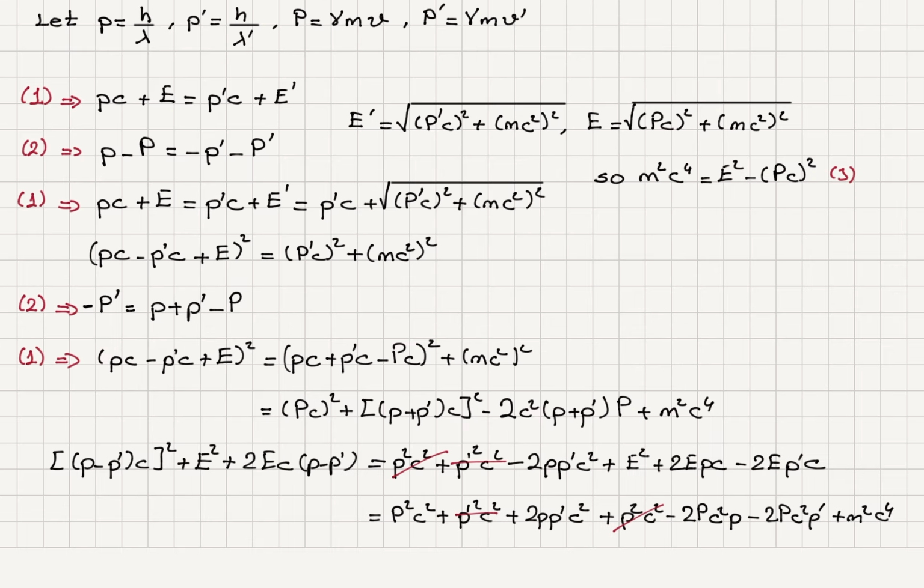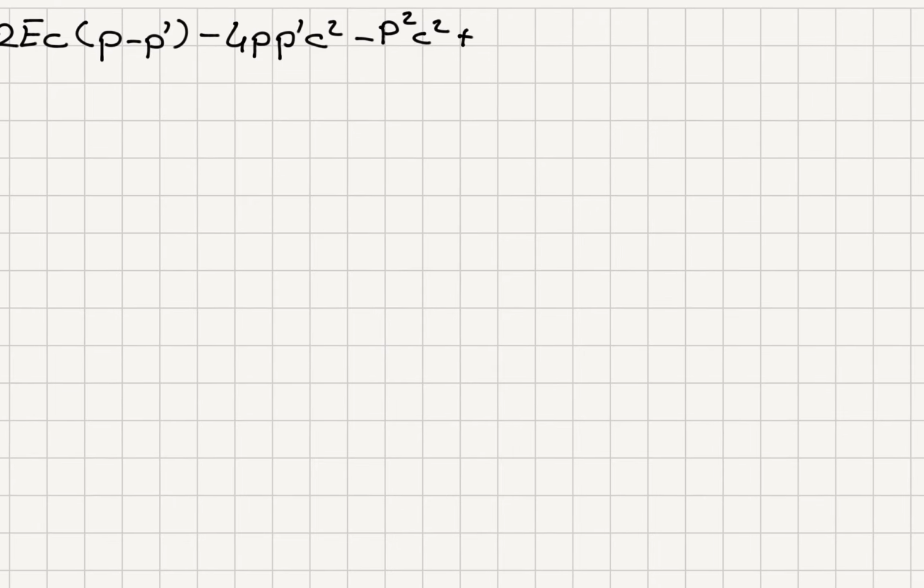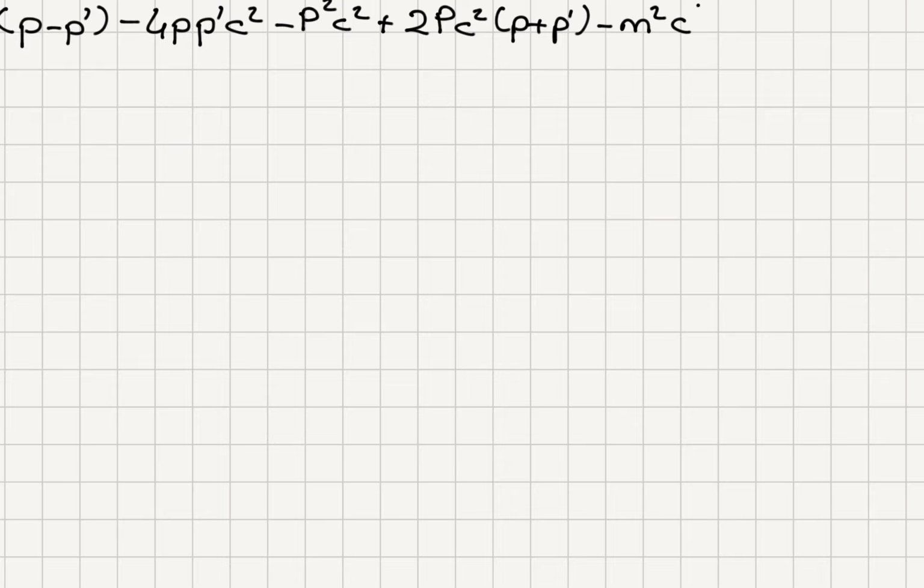So let's rewrite what I have left here. E squared plus 2 capital E c (p minus p prime) minus 4p p prime c squared minus capital P squared c squared plus 2 capital P c squared (p plus p prime) minus m squared c to the fourth power is equal to 0.